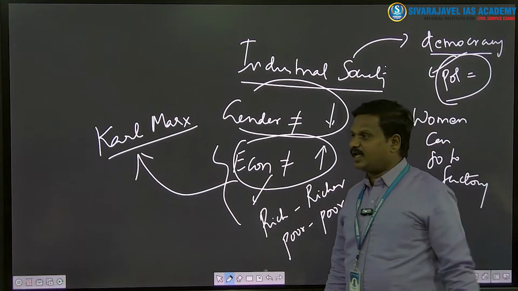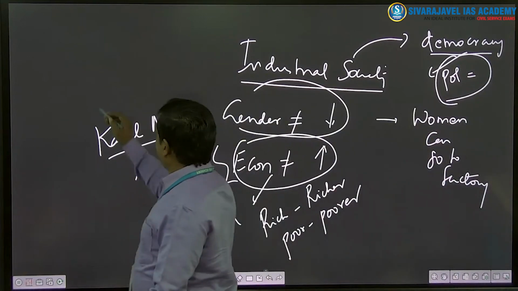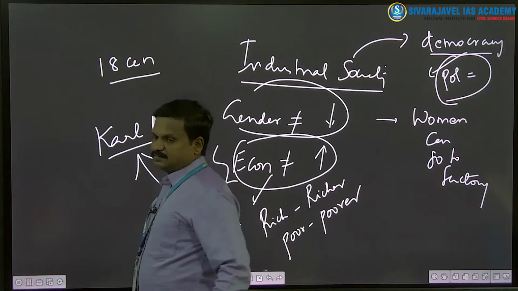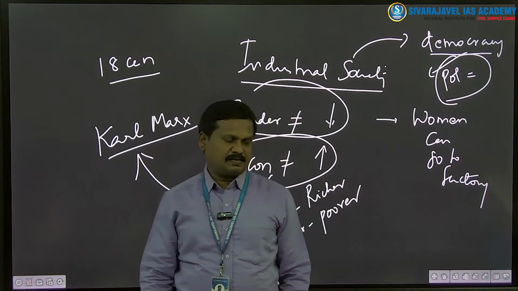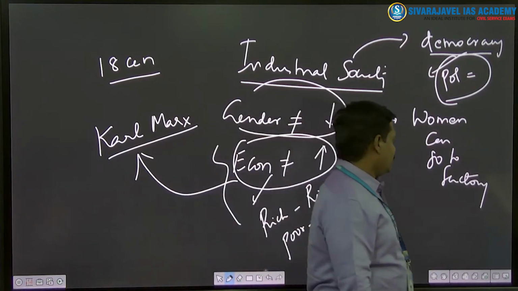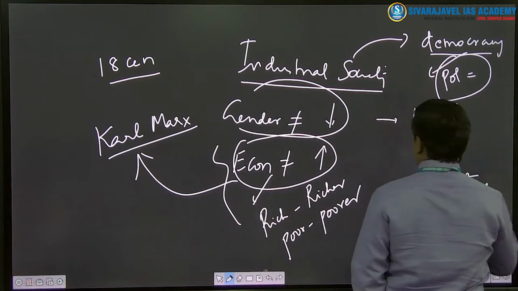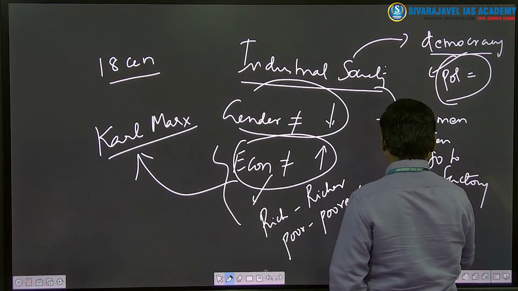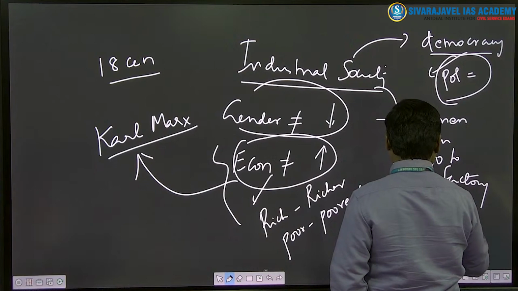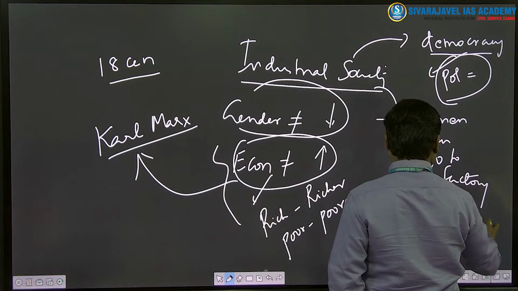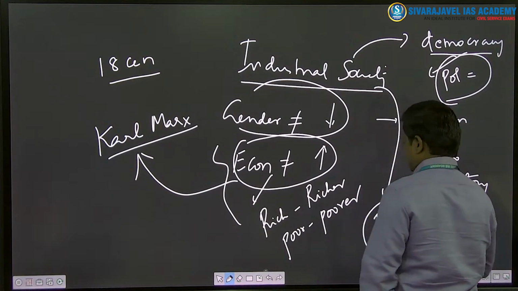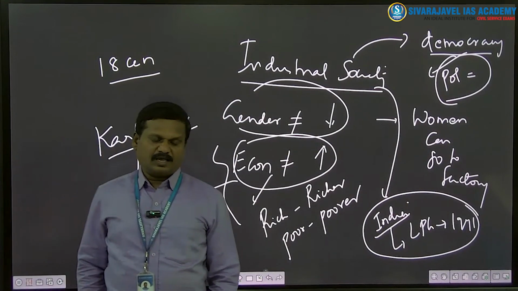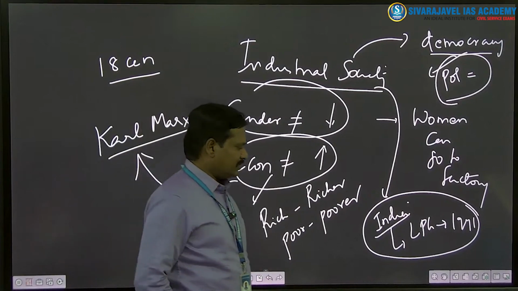And this society came when? It came from 18th century onwards. Okay. And this society came to India because of LPG policy of 1991. So you can say that due to liberalization, privatization, globalization, capitalism came to India.